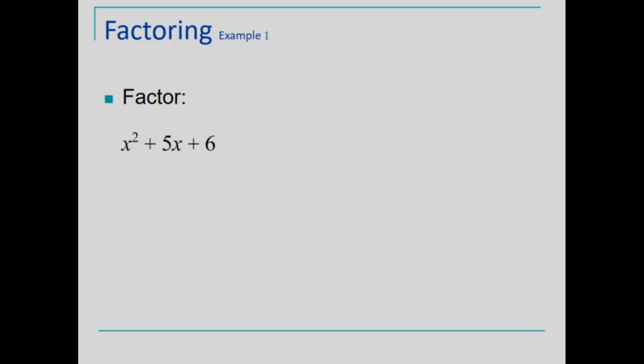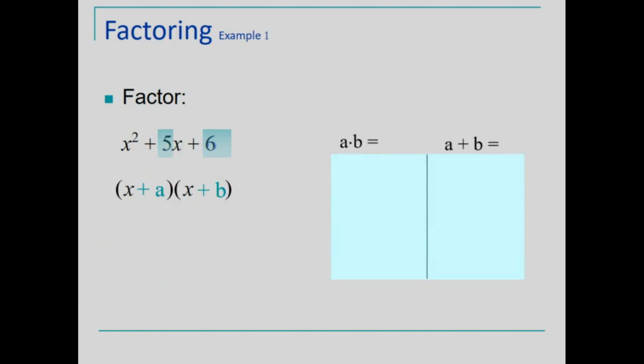In this problem, since the first term is x squared, each of the first factors will be x. Next, we'll look at the factorization of the constant term. These two second terms in each of the binomials need to multiply to give us 6, but also add up to give us 5.